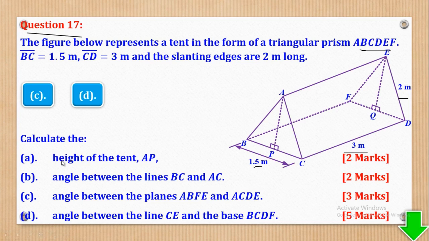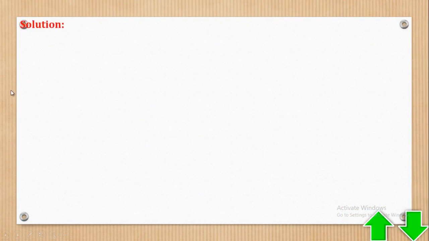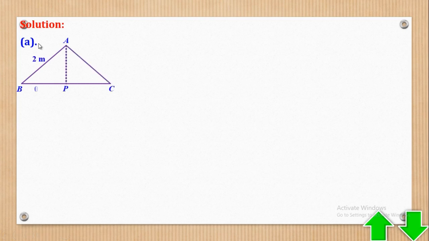So part A, they want the height of the tent AP. So they want this height. Such questions are easily done by making sketches of triangles.